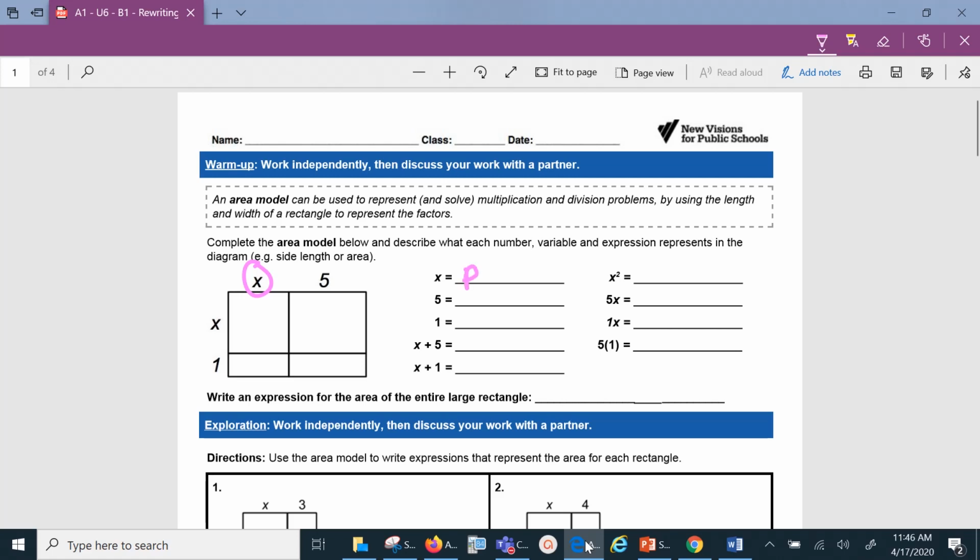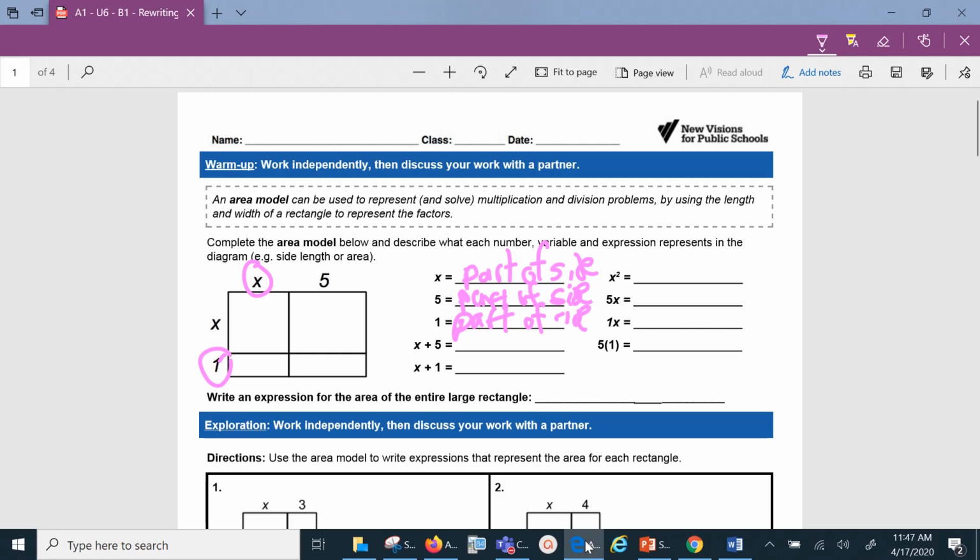It's just a part, right? So is this 5. This 5 is also just a piece. It's not the entire thing. Part of a side, right? But likewise with the 1, right? 1 is just a part. We're just talking about the parts of a side.